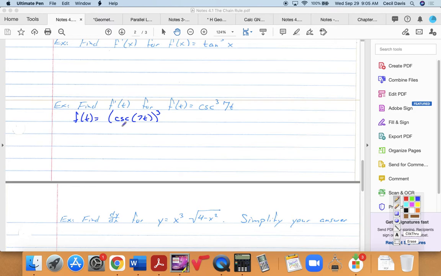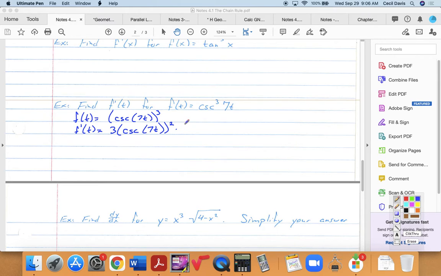So now when we take the derivative, we'll have f prime of t is equal to 3 times the cosecant of 7t quantity squared times, now we'll move to the next layer in, which was the cosecant.